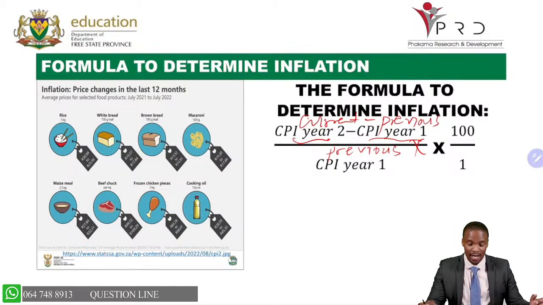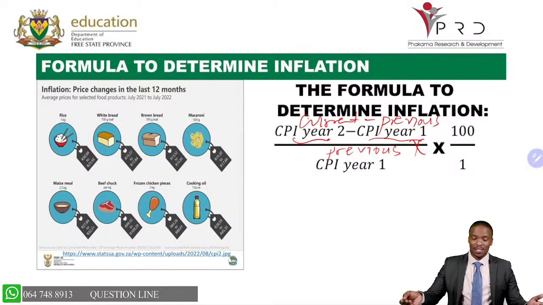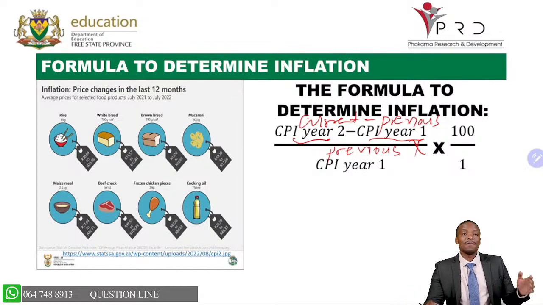The current year, which is 2024, minus the previous year, which is 2023, divided by the previous year, which is 2023. Then you will get your inflation values.